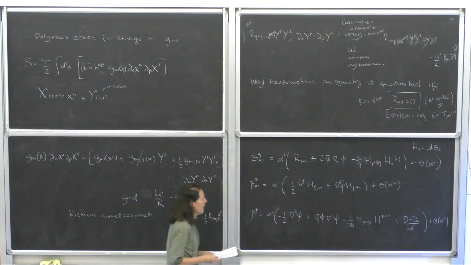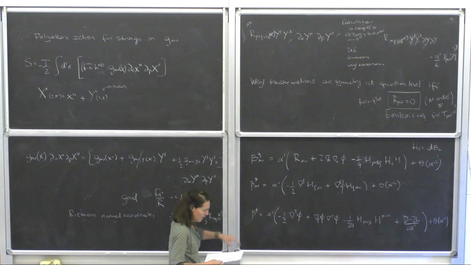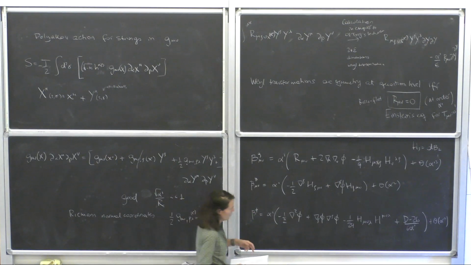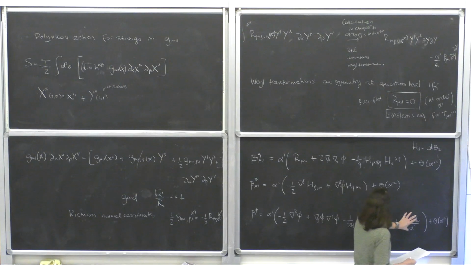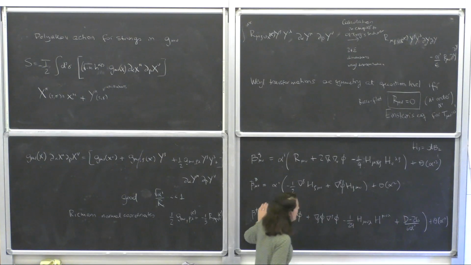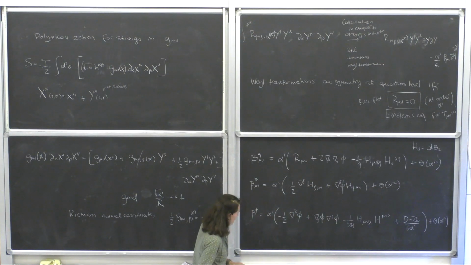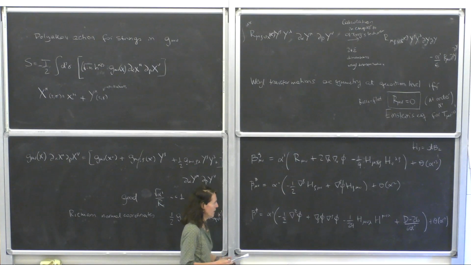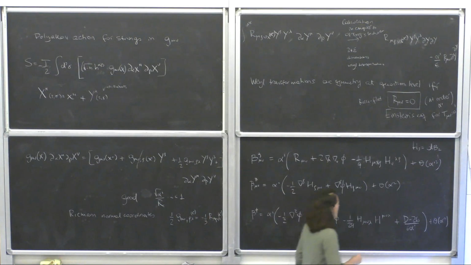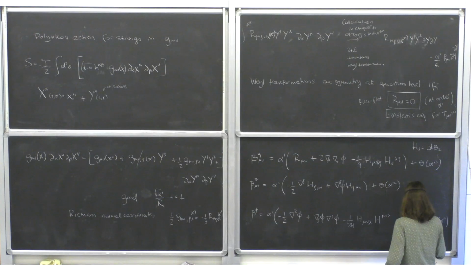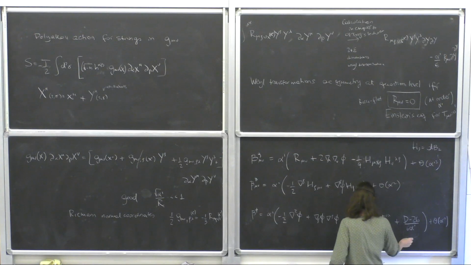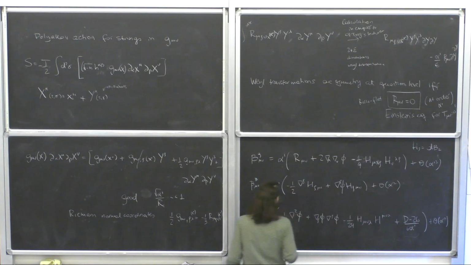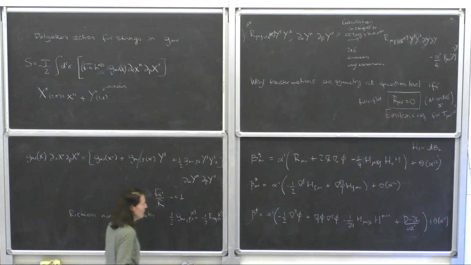I wrote it like that. Yeah, I should write d minus 26, actually I have it first here, which makes more sense. So this appears here, and then you have a term without alpha primes, and then you have the rest, which is order alpha prime, indeed. So you should write it as I had it in my notes. So this is an order 0 term.